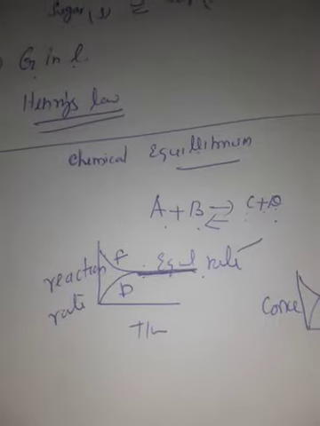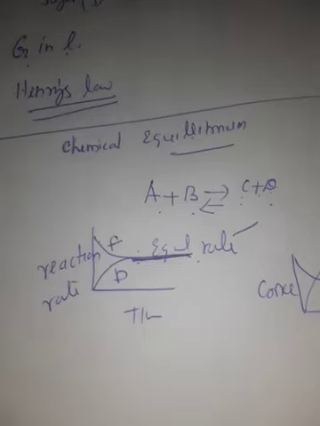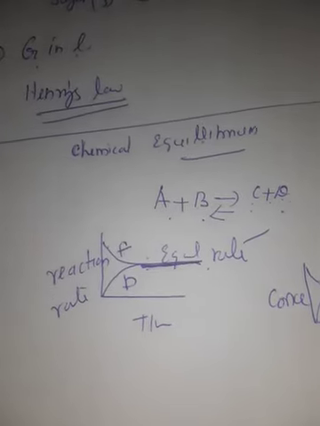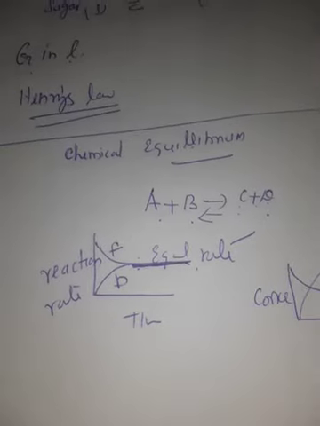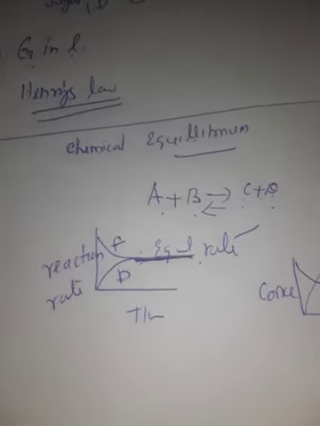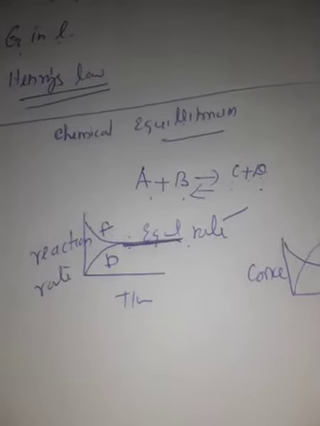So, chemical equilibrium is said to be dynamic in this process, where there is no macroscopic change. Forward and backward proceed at the same rate. No macroscopic change occurs. In this situation, equilibrium is said to be dynamic.